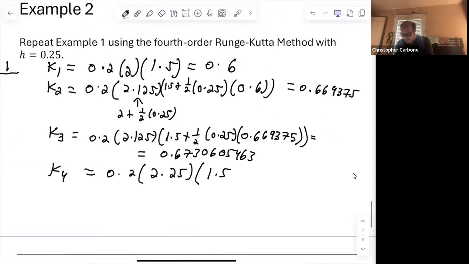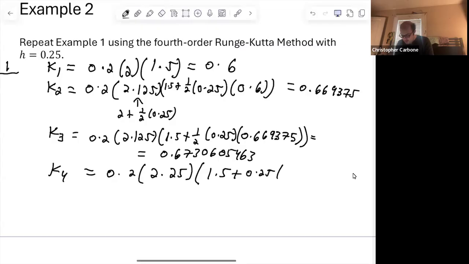So in our case, plus 0.25 times k sub 3. Excuse me, I'm copying the wrong number.